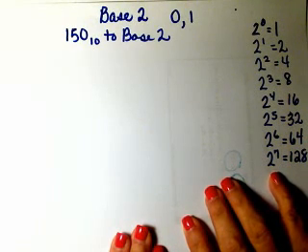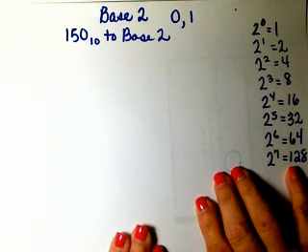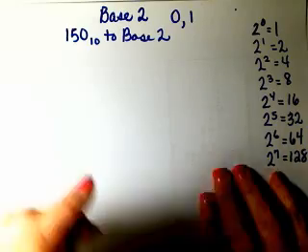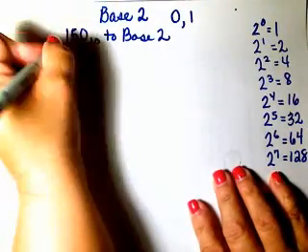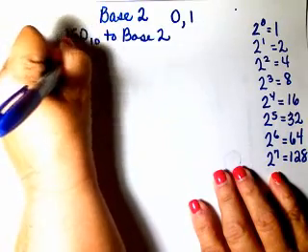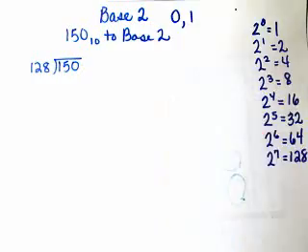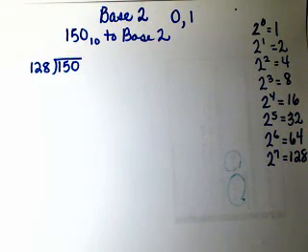Alright, if we multiplied this number times 2, we're going to get a number that's larger than 150. So we're good to go with this. So let's say 150 divided by 128.